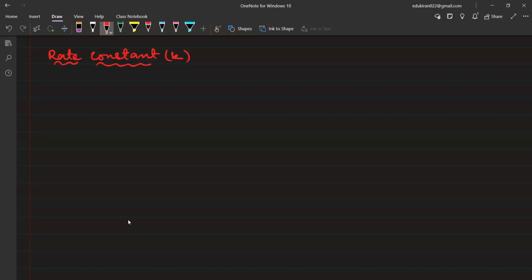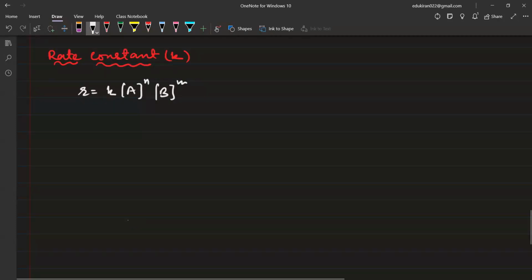So first of all, please write here: what is rate constant? R is equal to k into the concentration of A to the power n and B to the power m, or P or Q.